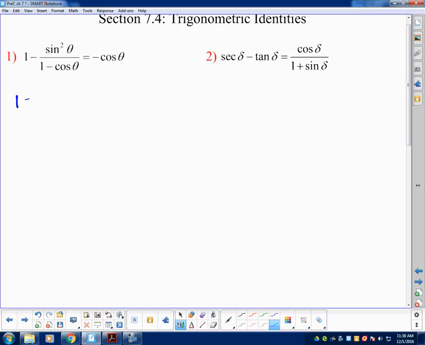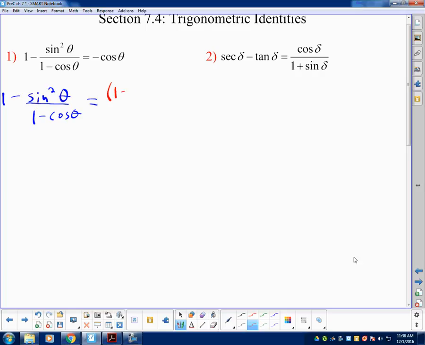We took 1 minus sine squared of theta over 1 minus cosine theta. And what we did is we multiplied that 1, top and bottom, by 1 minus cosine theta in an attempt to get a common denominator. So it looks like this.